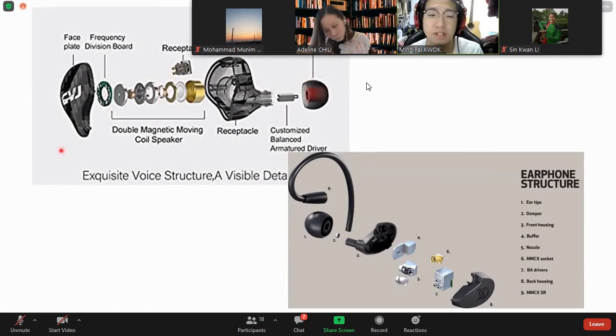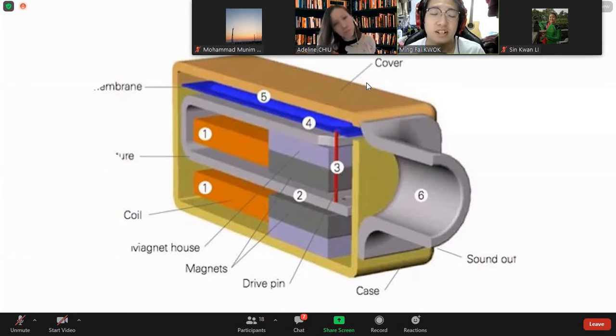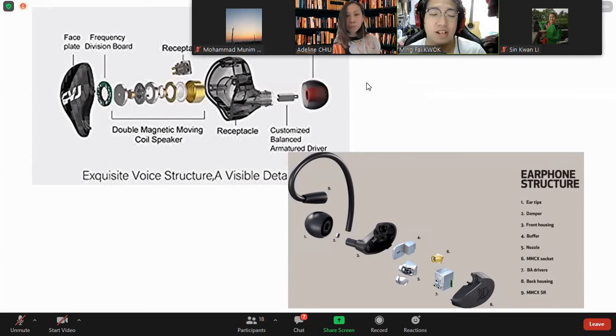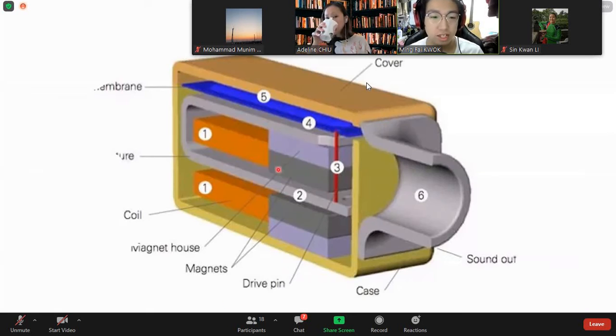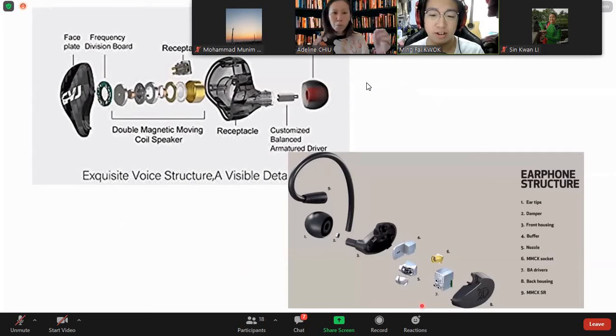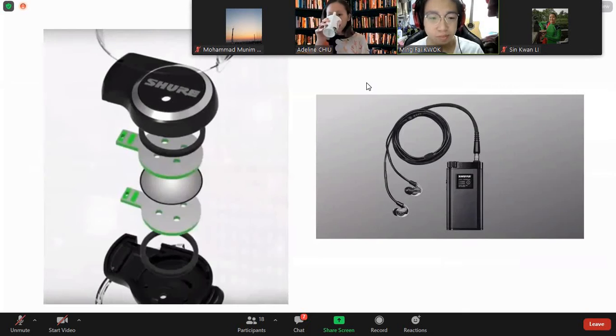Most in-ear monitors use sound units like the way I just showed. But there are also traditional ones, in a very round shape like this, or more rectangular like this.